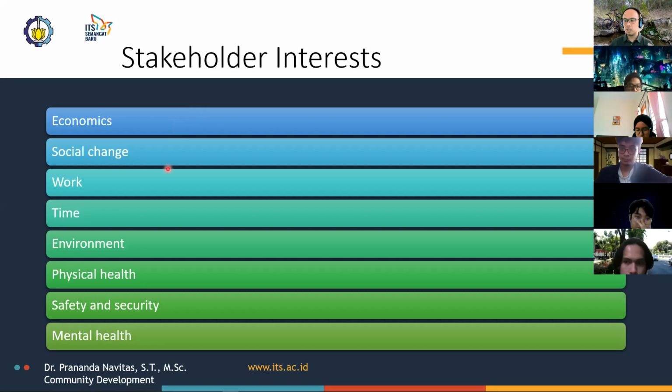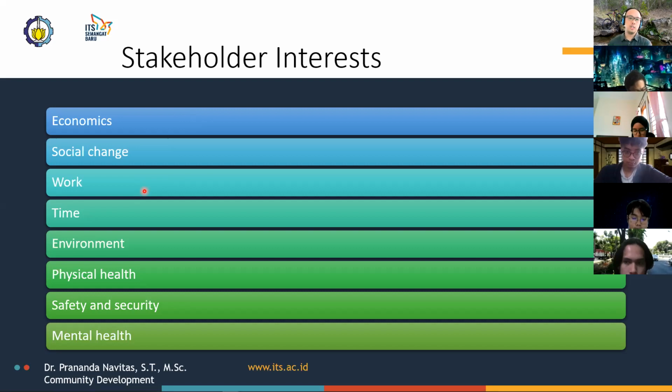They may be interested in a program or an effort or an initiative because they want to see social changes or other changes. They may be interested because it's work related.